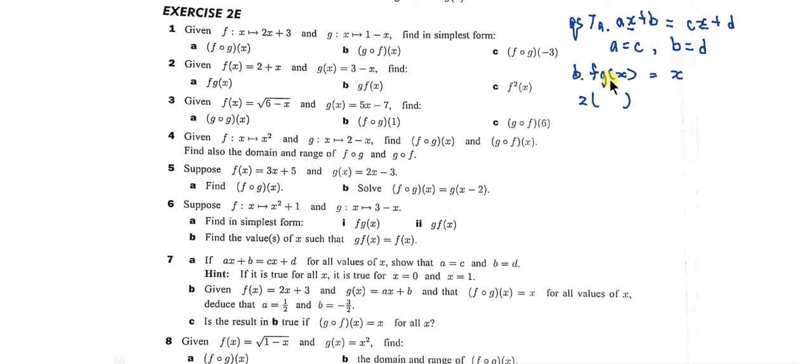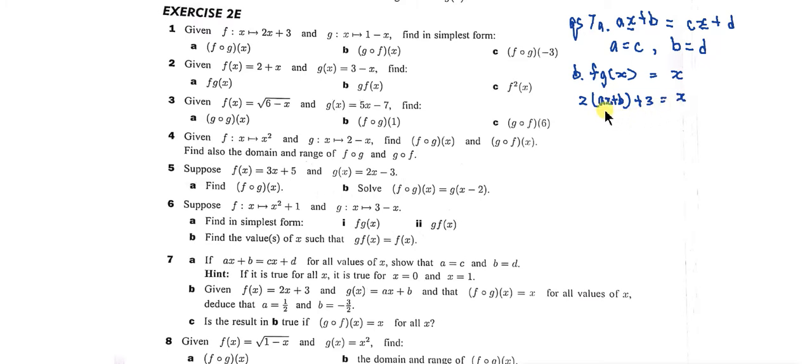X here is replaced by gx, which is ax plus b, and then plus b. For function f is 2x plus b. The x is replaced by gx, which is ax plus b, and this equal to x.